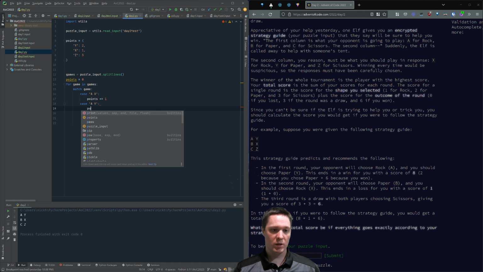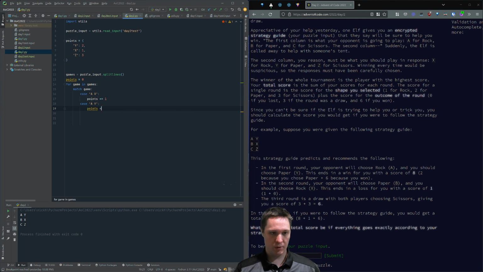Okay, so this is going to be points plus equals, it's 2, but we also played paper, so we won. Paper beats paper. So yeah, so 6 plus 2 is going to be 8. And then a Z, we are going to lose but get 3 points. So that's 3, right?